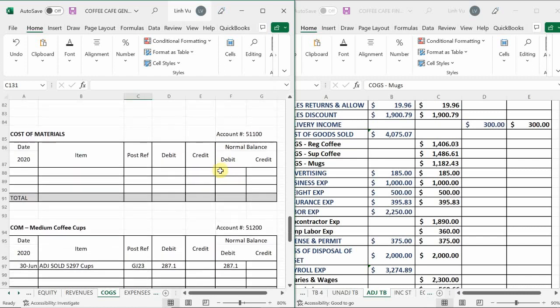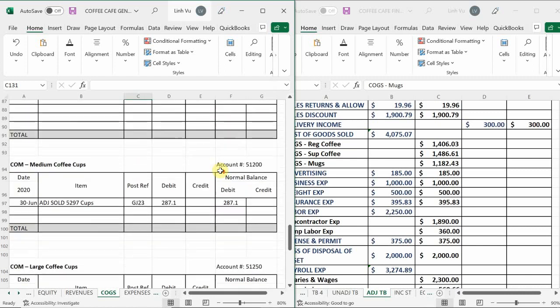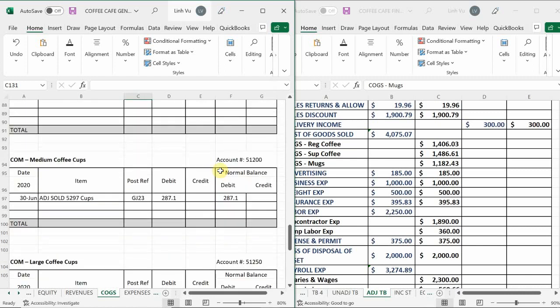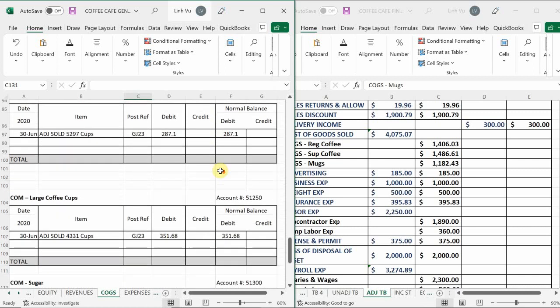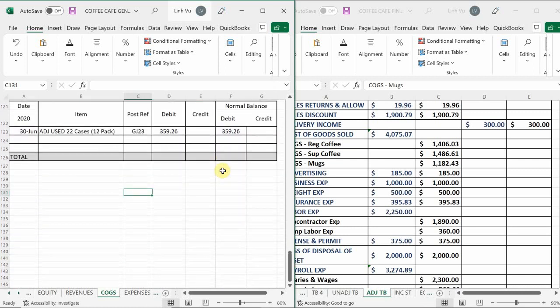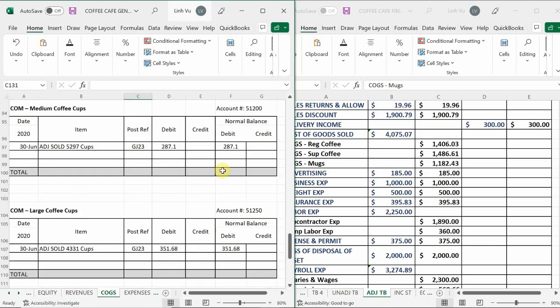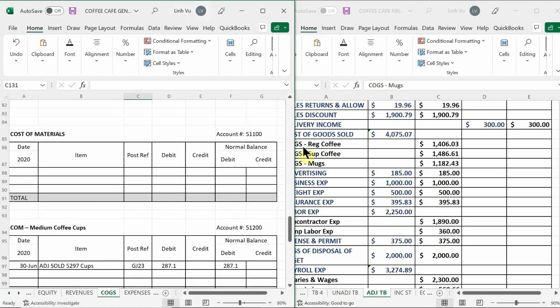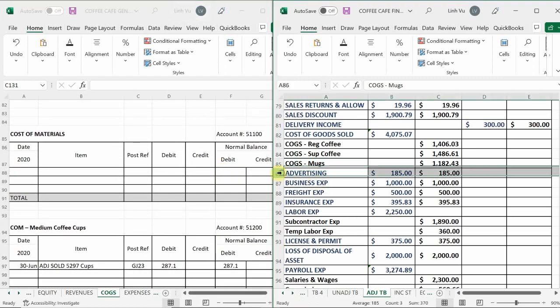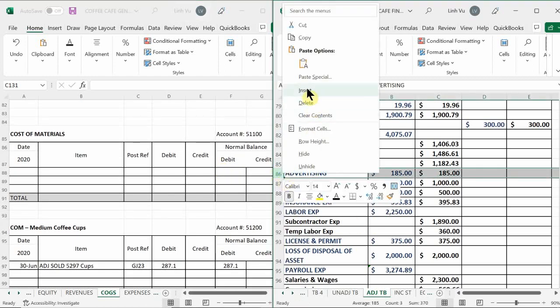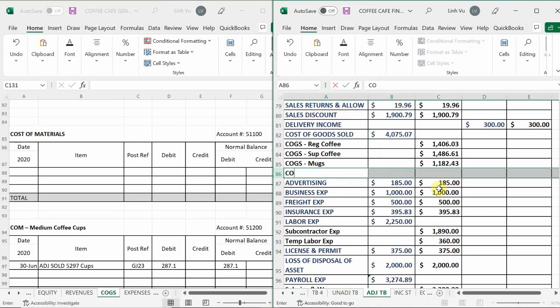So we also have to now create an account for the cost of materials because yes, we adjusted our business supplies. So therefore, we have a new account that we need to add in here for the cost of materials. So again, cost of materials.